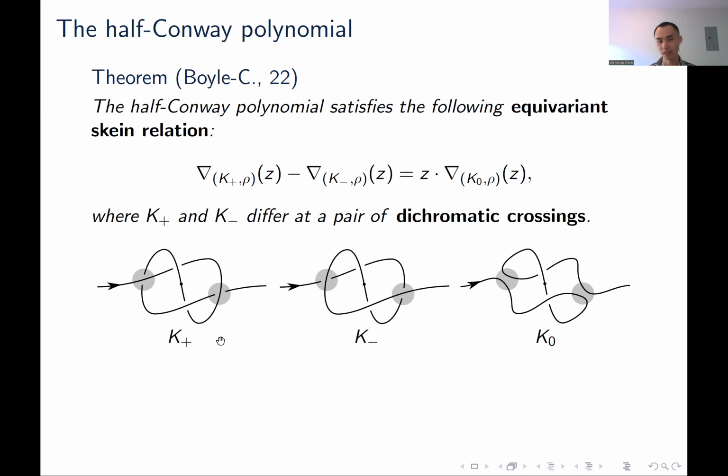Then the half-Conway polynomials of these 3 knots satisfy this relation: the half-Conway of K plus minus half-Conway of K minus is equal to Z times the half-Conway of K0.